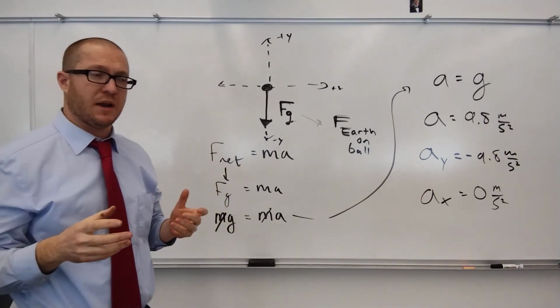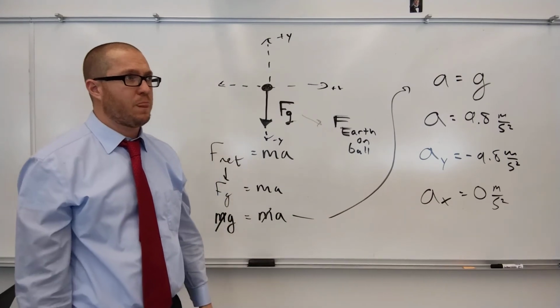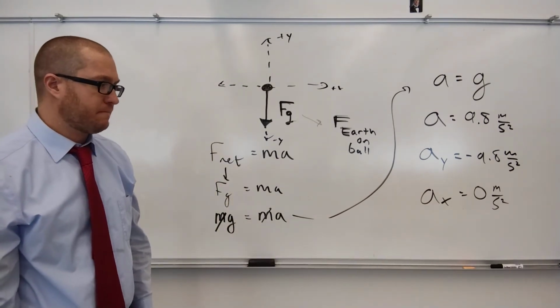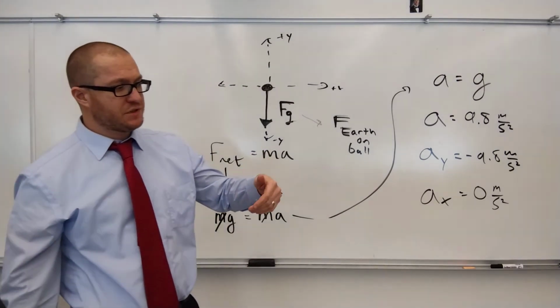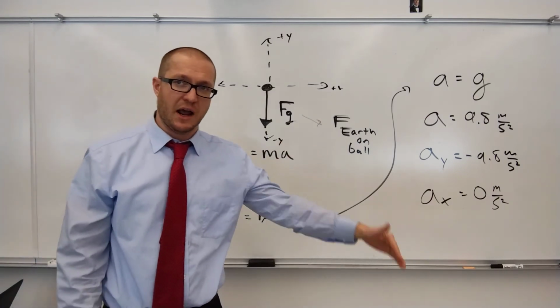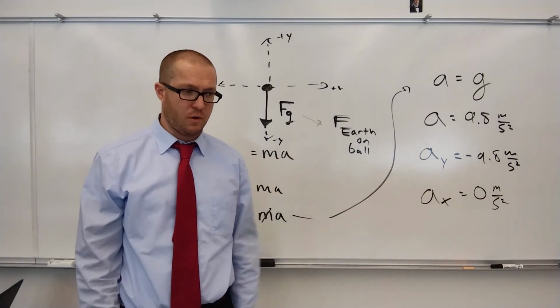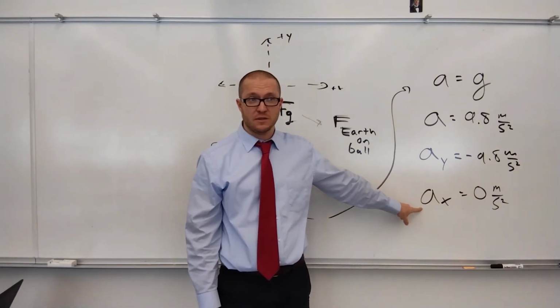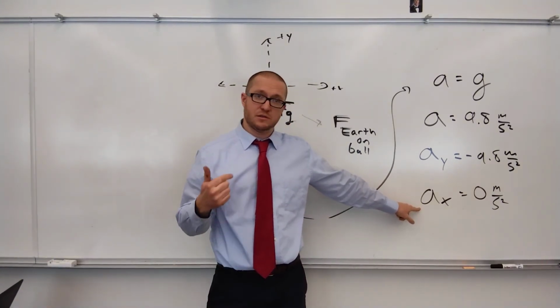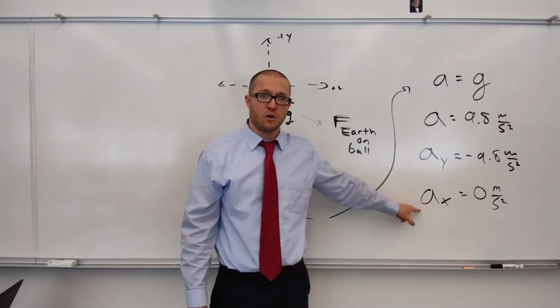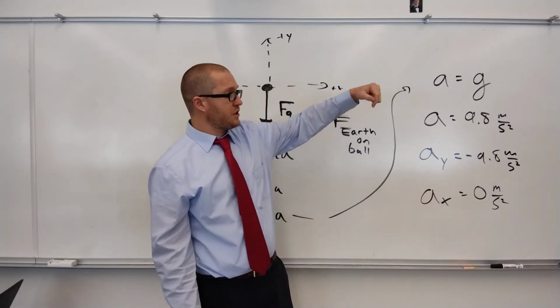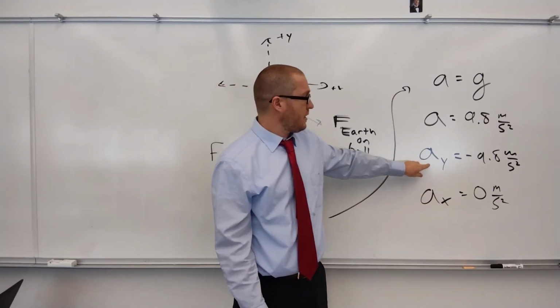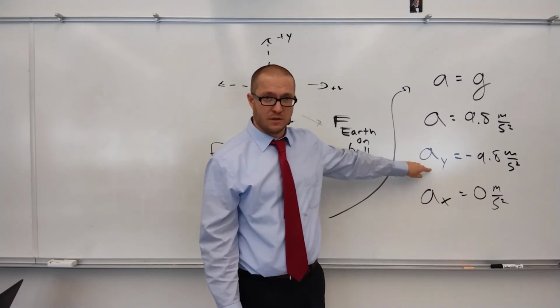I'm not going to give it away now. What we'll see is that it'll accelerate down as it moves forward. It should move forward at a constant rate because the acceleration in the x direction is 0, and it should accelerate down at a constant rate.